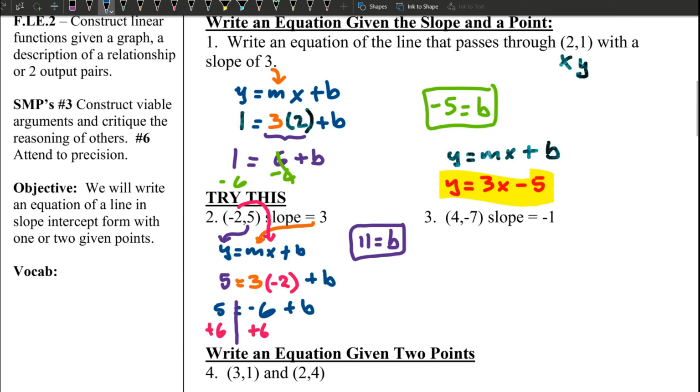Okay. So the equation is y equals mx plus b, which is y equals 3x plus 11. Your b is 11.